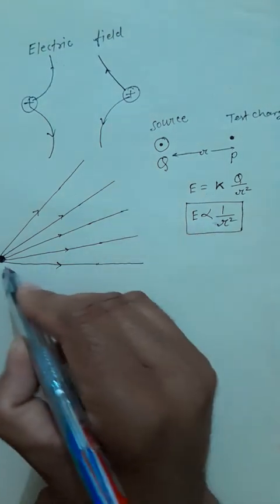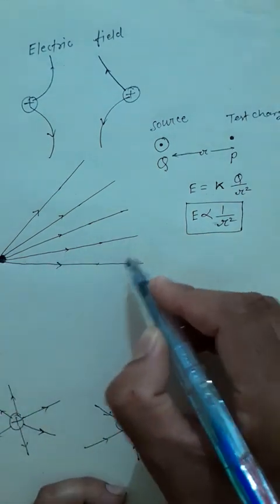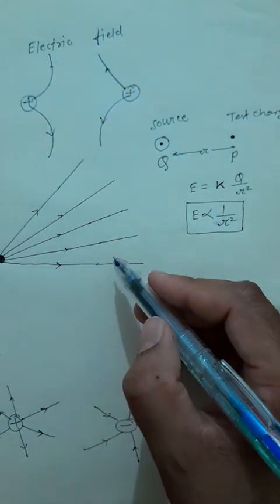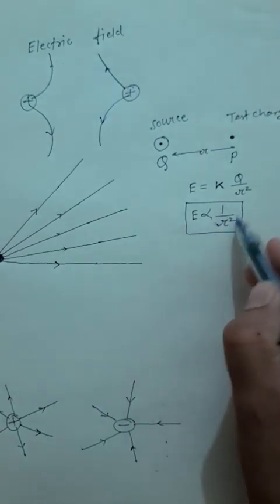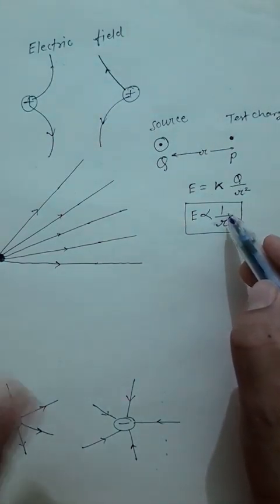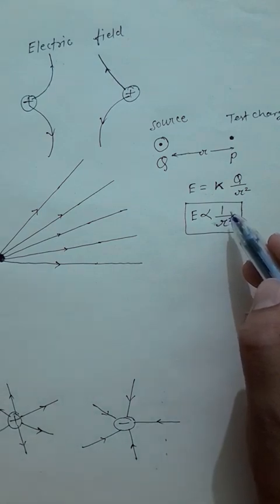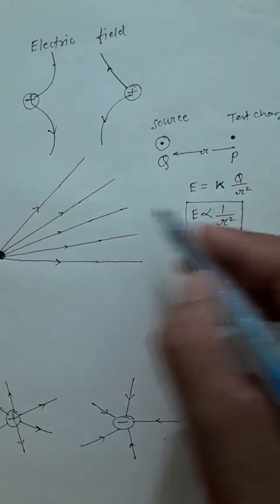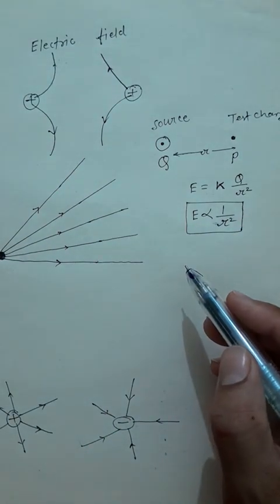As we go away from this source charge, is the electric field changing according to this formula or not? For this, let me check whether this formula is compatible with these field lines or not.